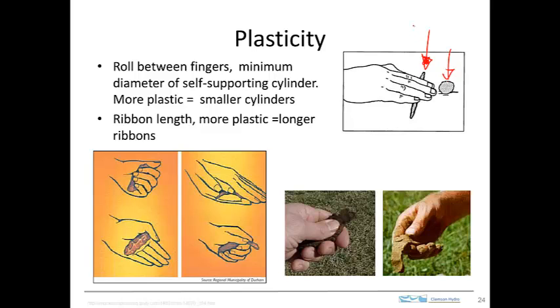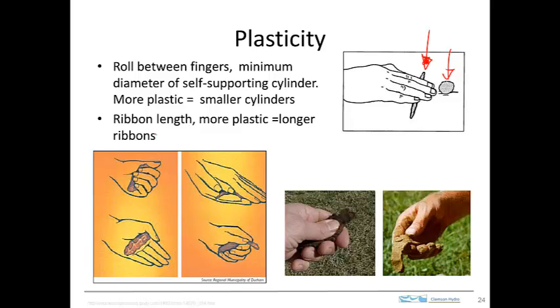Another way of doing it is to make a ribbon out of the soil. And this is another way of deforming the soil and evaluating the effects of this deformation. So the strategy here is to take a piece of soil that's about the size of a golf ball, perhaps a bit longer or bigger.